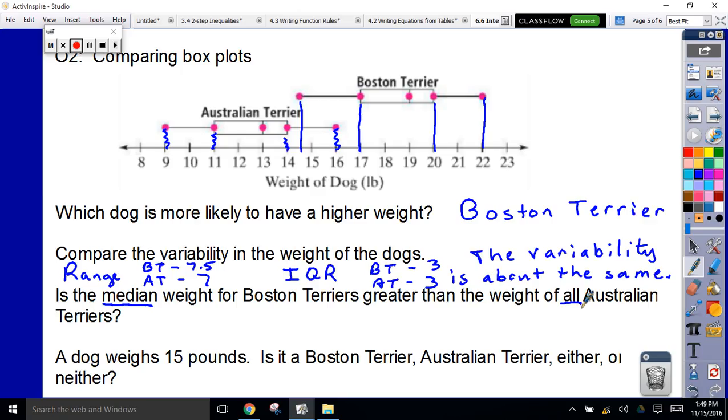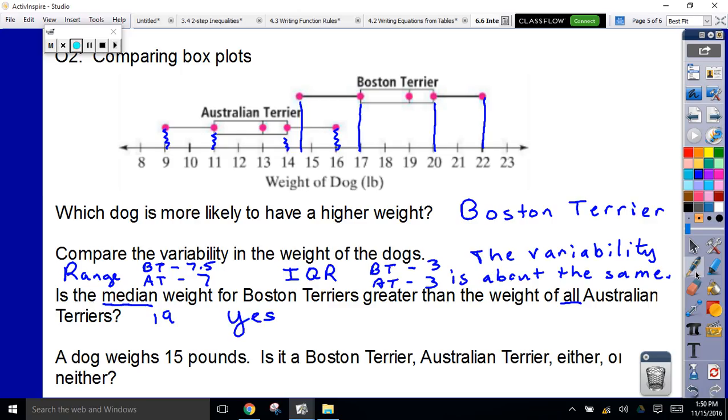Remember, the median is the line in the middle of the box plot. 19. So the median weight for Boston Terriers is 19. Is that 19 greater than all the weights for Australian Terriers? Yeah, it is, because the highest weight of an Australian Terrier is 16. So 19 is greater than all the weights here for Australian Terriers. So we would say yes.